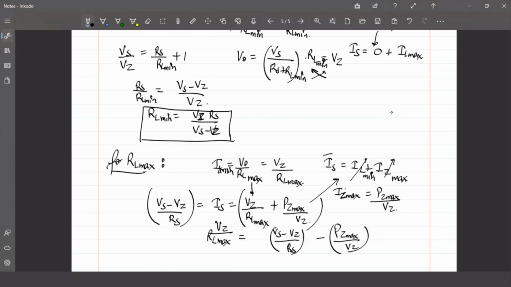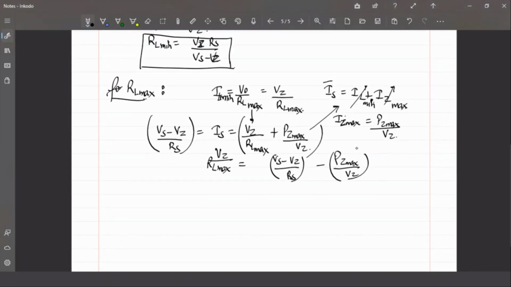So this minus this will be Vz divided by RL max. And if we want to find out RL max, just take RL max to the other side and the remaining portion to the other side. So RL max is Vz divided by (Vs minus Vz divided by Rs minus Pz maximum divided by Vz).